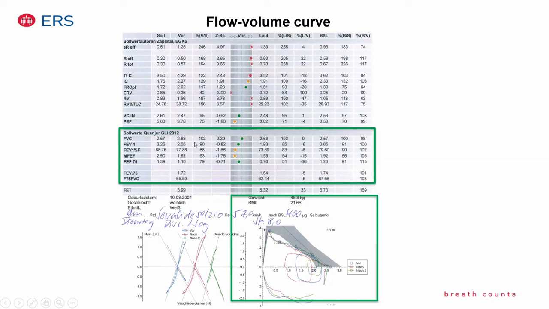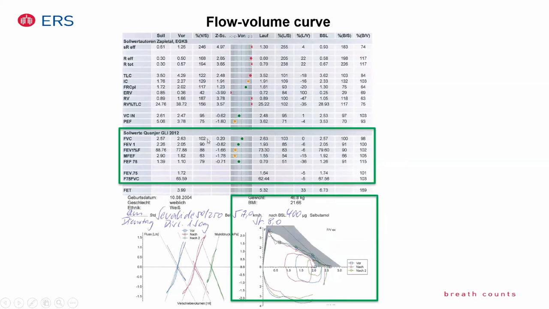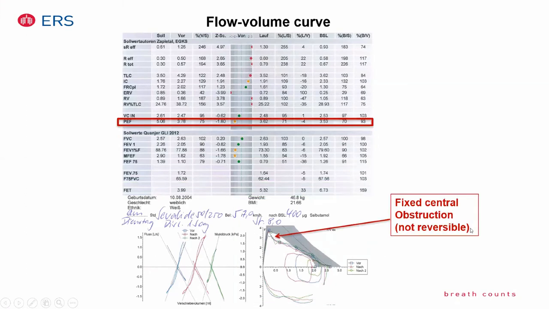And if you look at the numbers, you have a normal vital capacity, you have still normal FEV1, you have mildly reduced forced expiratory flows, but still within the normal range. You have a sharp rise to peak flow, but if you look more closely, the peak flow is lower than expected. It's supposed to be 5 liters per second, and it comes out at 3.78 liters per second, which is equivalent to a Z-score of minus 1.8 or 75% predicted.